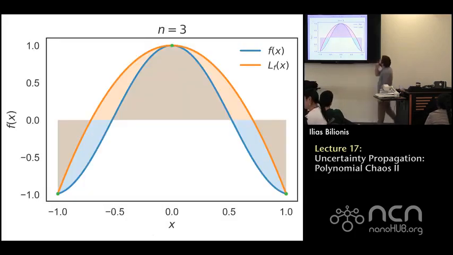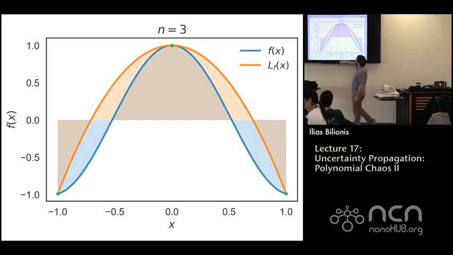So here we go. The function that I want to integrate is basically the blue function, and the integral is the shaded blue area. Okay, so the blue function is what I want to integrate from -1 to 1, and I'm using the Newton-Cotes rule of order 3.